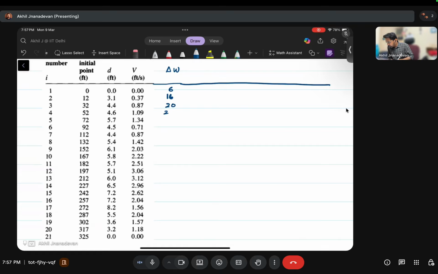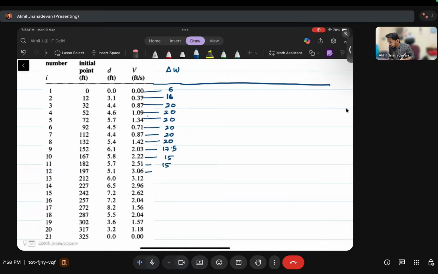The other one is also 20. This is also 20, this is also 20, 20, 20, and 17.5, 15, 15.